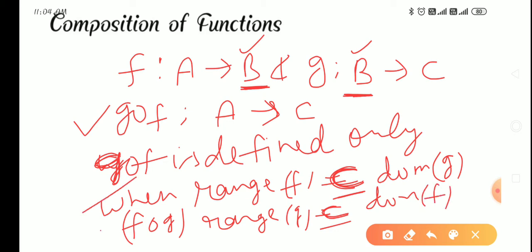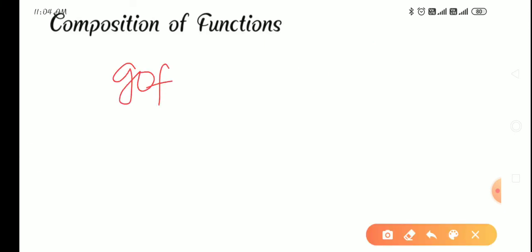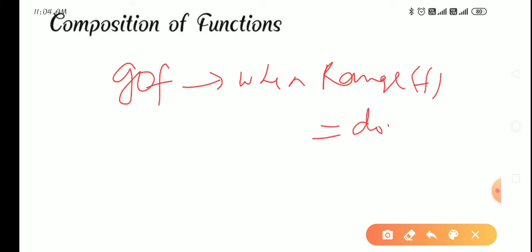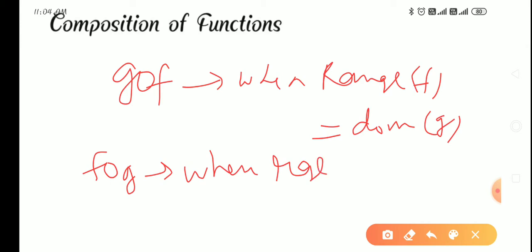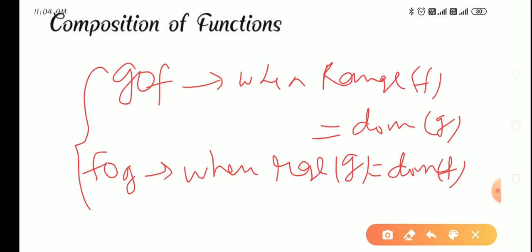These two things you have to keep in the mind. gof will be defined when range of f is equal to domain of g, and fog when range of g equals domain of f. So these two things you have to keep in the mind, then only this composition will be defined.